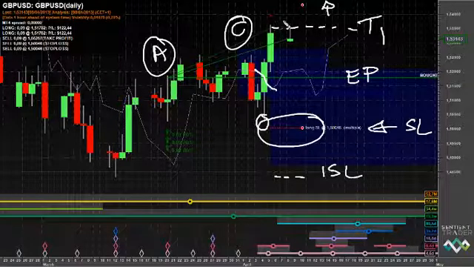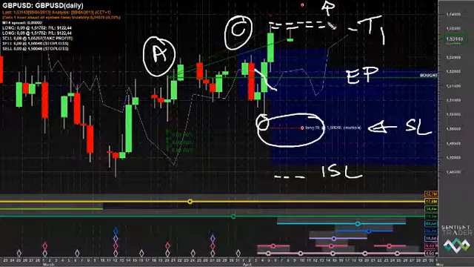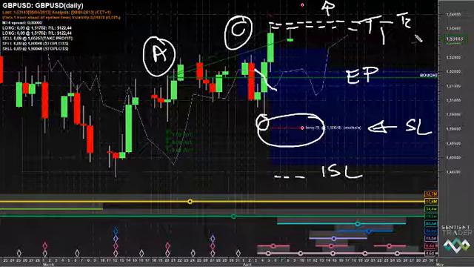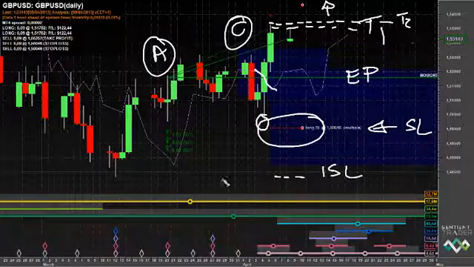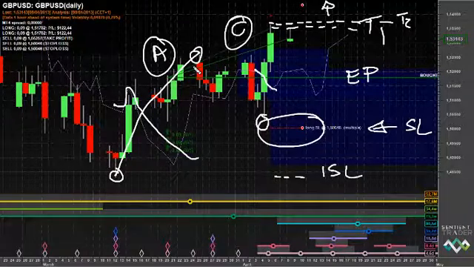I will be adjusting my T2 level downwards to probably just a little bit above the high of Friday. So our T2 level will be coming down because we're no longer in an A category trade. We are now in a C category trade. That T2 level was initially calculated on the basis of price crossing the FLD way back over here. But that interaction between price and the FLD is over. It has happened.